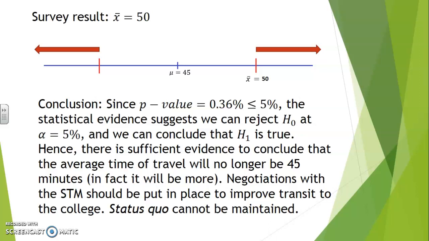So in other words, our sample result was far enough from what we had predicted under H0 to be conclusive. In other words, we can conclude that the average time of travel will no longer be 45, and our sample states that it will be more. Negotiations with the STM should be put in place to improve the transit to the college. Status quo cannot be maintained.